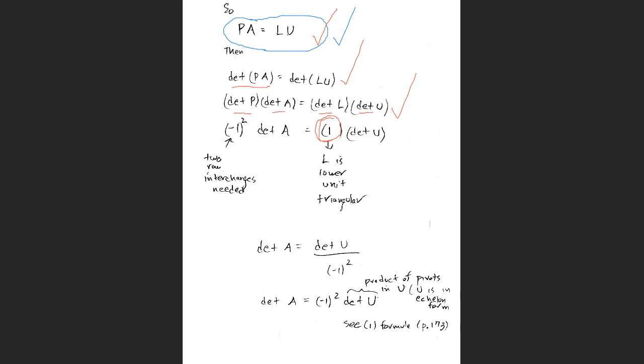Matrix L is in echelon form, and it's also in triangular form. You have the right idea. Because the matrix L is in triangular form, the determinant of the matrix L is just the product of the diagonal entries.